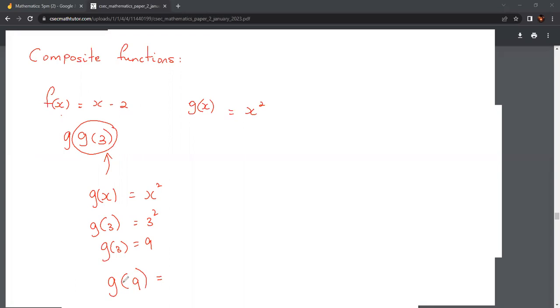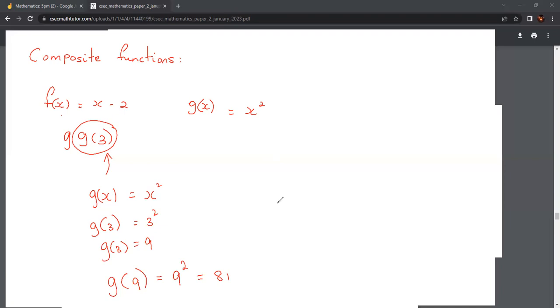Now I can substitute 9 into my x, and that will be 9 squared. 9 9s are 81. So g of g of 3 is 81.